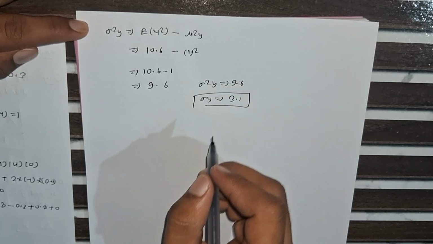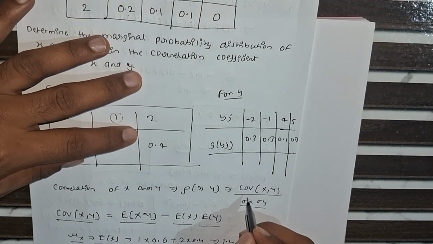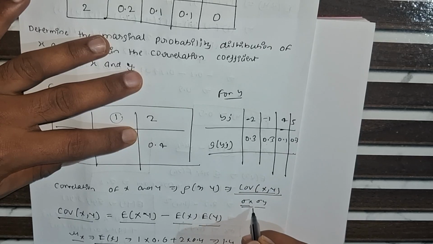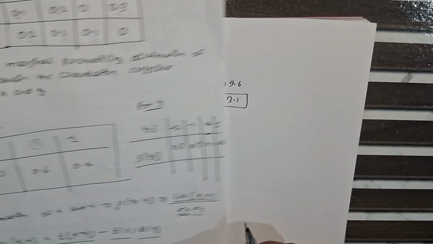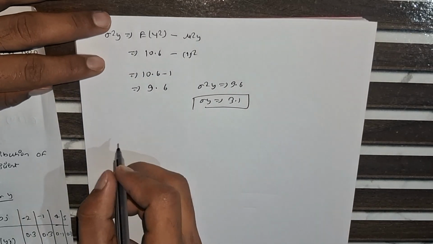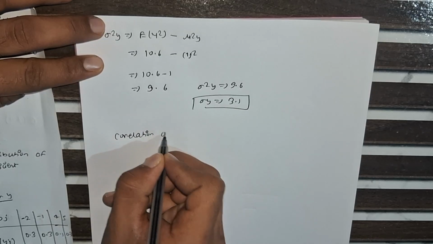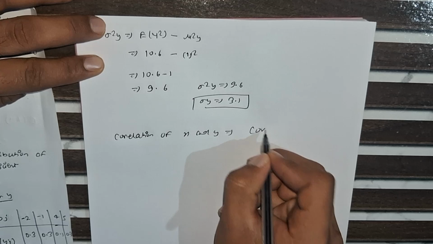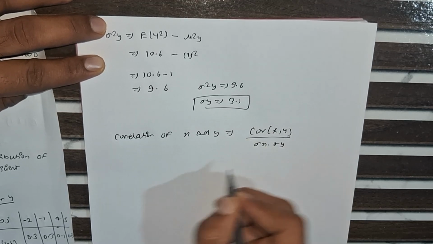So now, according to the formula, we put all the values in the formula to find the correlation of x and y. Correlation of x and y equals covariance of x comma y divided by sigma of x into sigma of y.